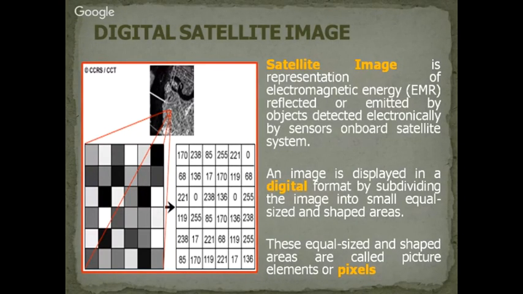In the different shades of gray, all the zero values are represented with pure black, whereas values of 255 or higher numbers are represented with white pixels. So these pixels are actually the reflectance values of that particular area.